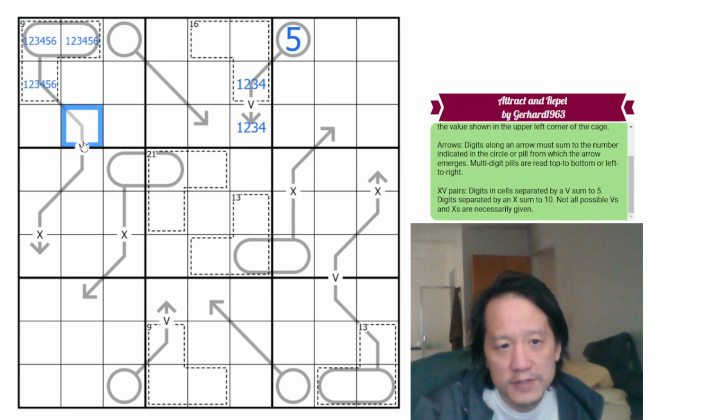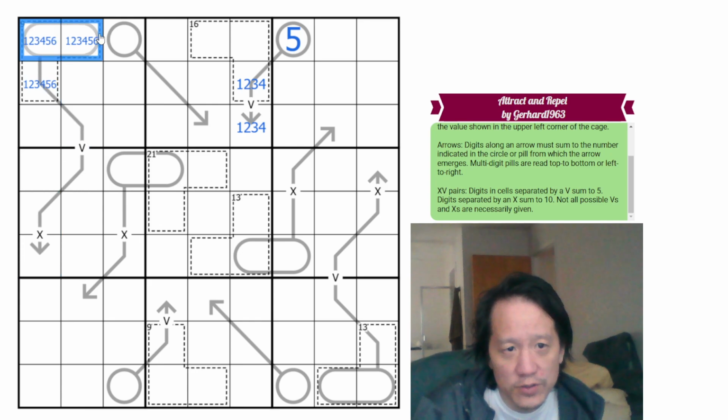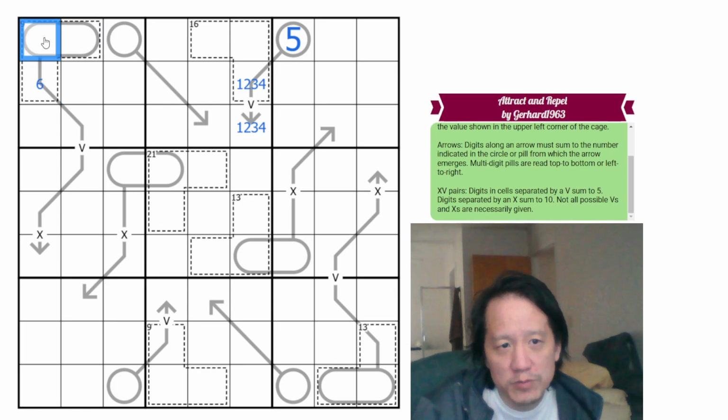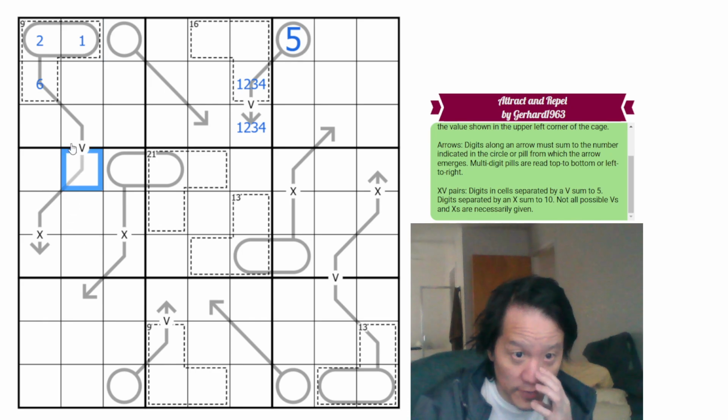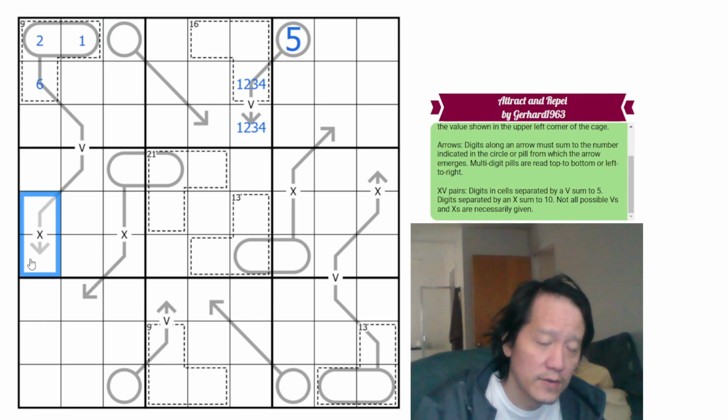This adds up to 5, this adds up to 10. So this is 15, which means 15 plus this equals whatever this pill is, right? It could be 6, so 6 does work here. So this could be 6, which would make 21, because these are 15 and 10.